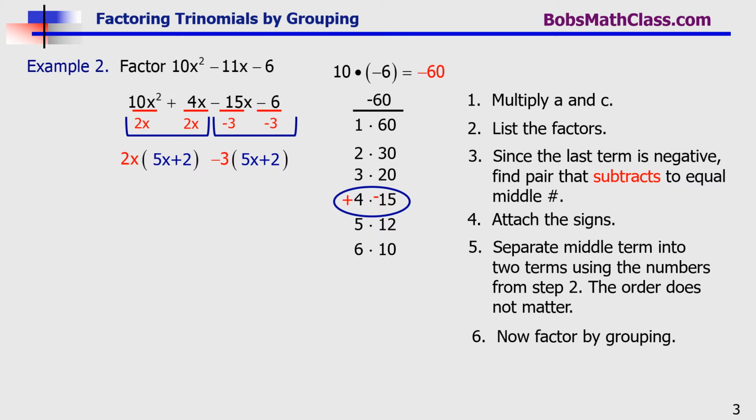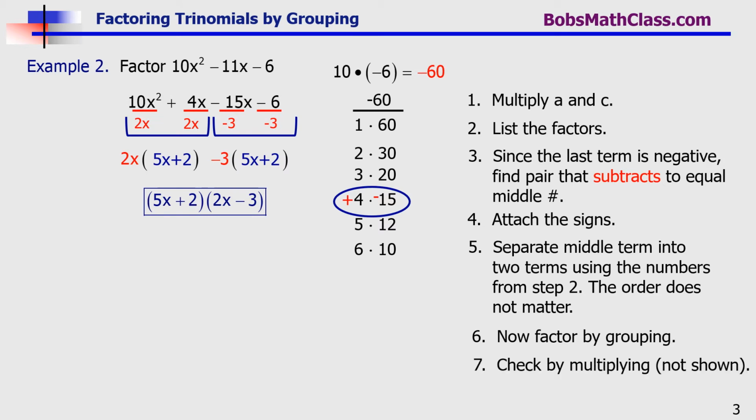Now our common binomial factor is 5x plus 2. So that'll go first, and then the 2x minus 3 will be second. You should check, but I'm not going to show it at this point. You know how to FOIL that. So let's go on to the next one.